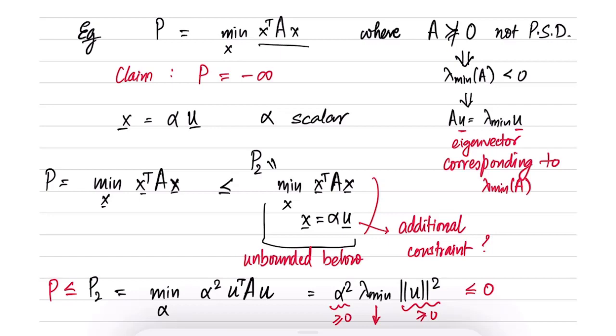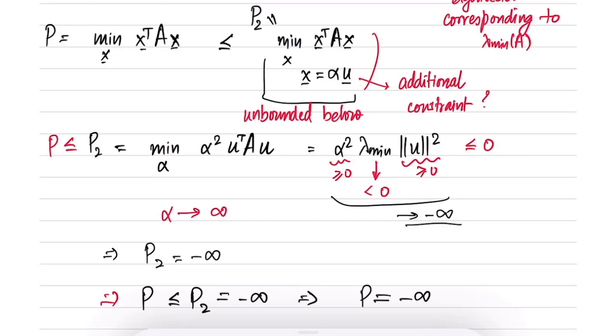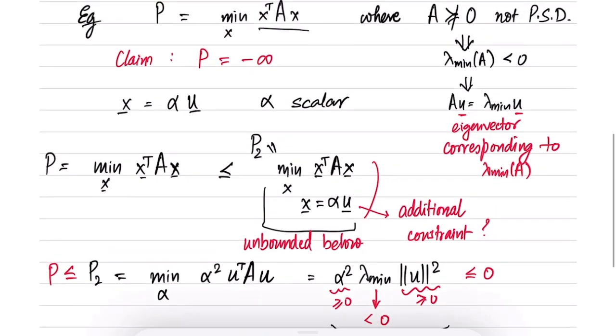Otherwise, you can always take x in the direction of the negative eigenvector and then scale that to infinity in order to go to minus infinity. So in n-dimensional space, this is a function which goes to minus infinity in certain direction. And we are basically trying to find a way to find that direction.